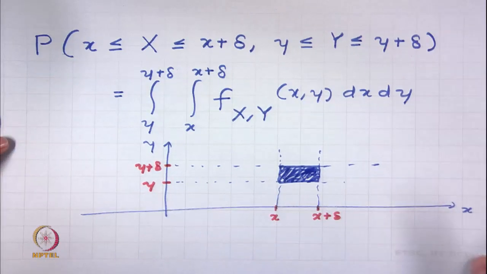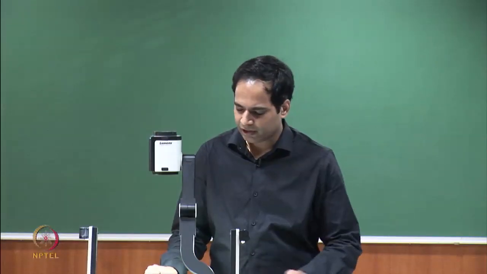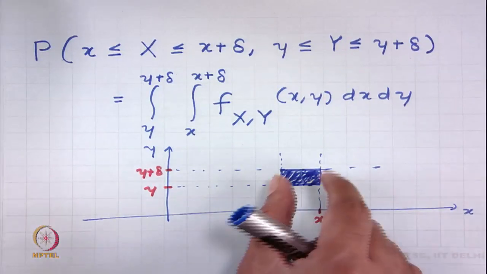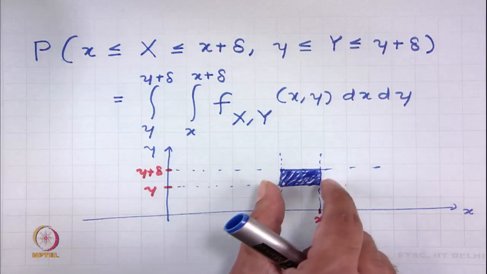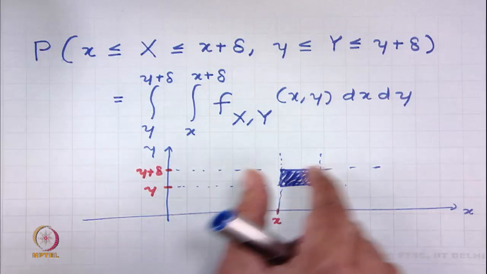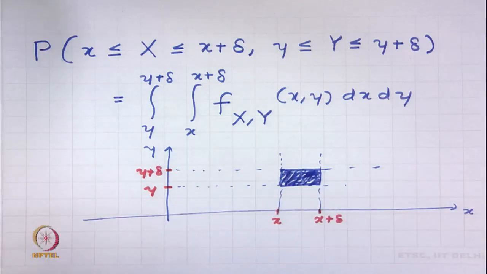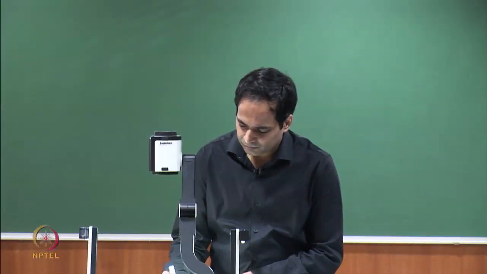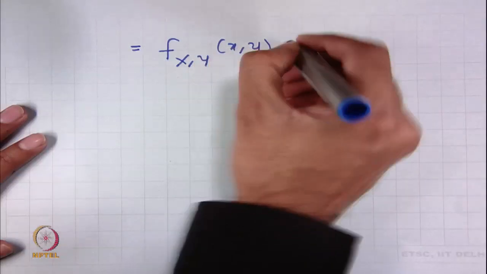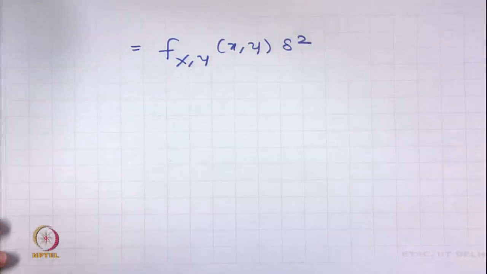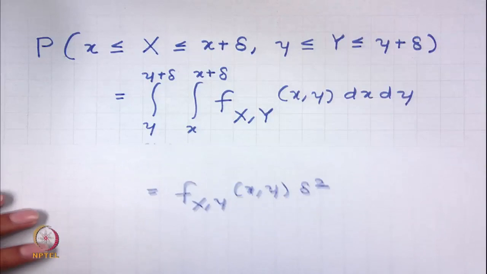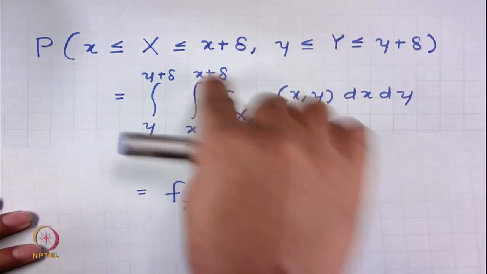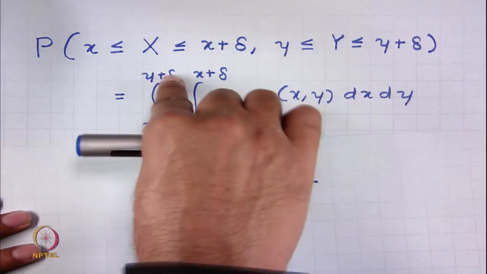Thinking that this probability density function is constant because this delta is really small, so what I am assuming is that my probability density function is constant in this limit. If it is constant, I can pull this out of the integration, and dx into this thing will become delta and dy into this thing will become delta.